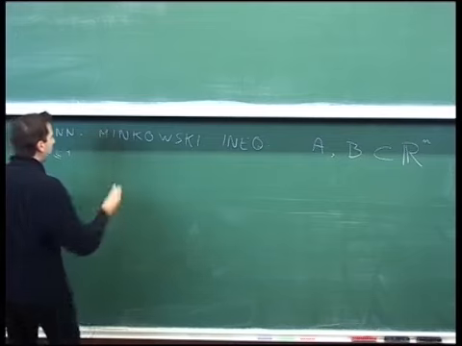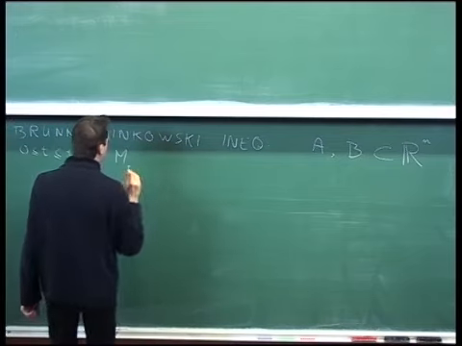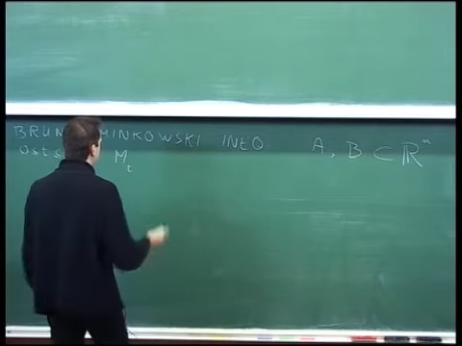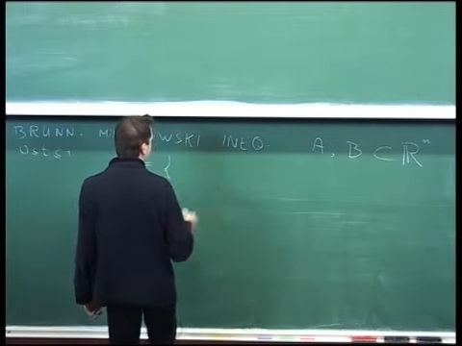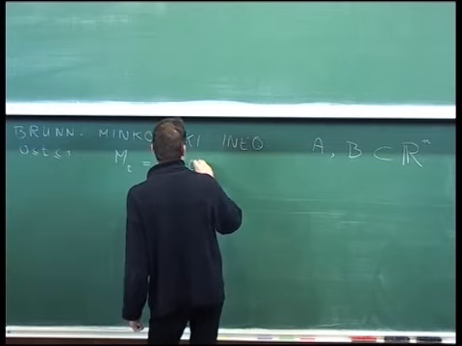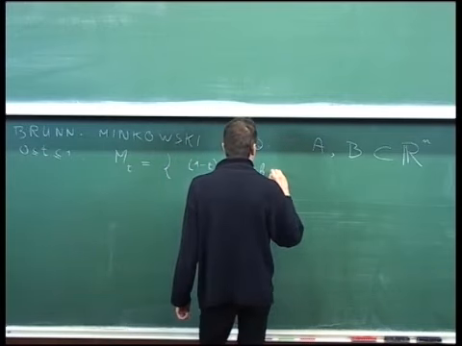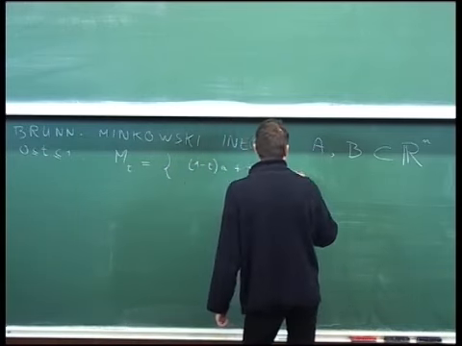And the set of midpoints depending on t is the set of convex combinations of a point in A and another point in B. So it's the set of (1 minus t)a plus tb for a in A and b in B.